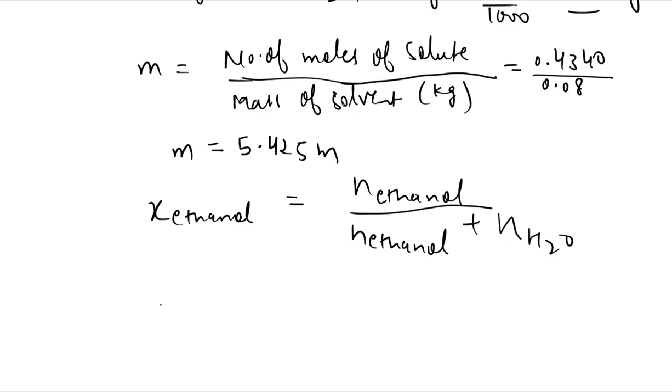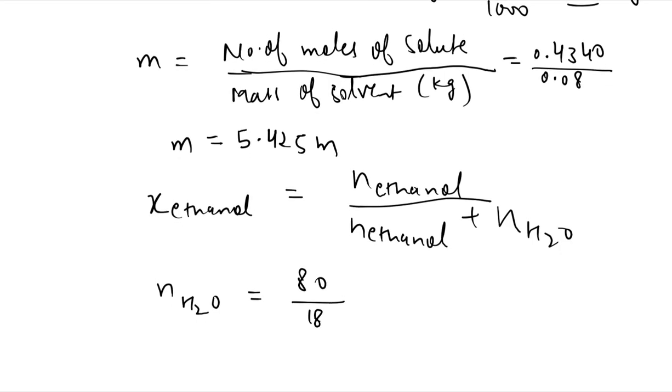First we need to find the number of moles of water. So this will be the given mass of water, 80, divided by 18. This will be approximately 4.443. So this is the number of moles of water.